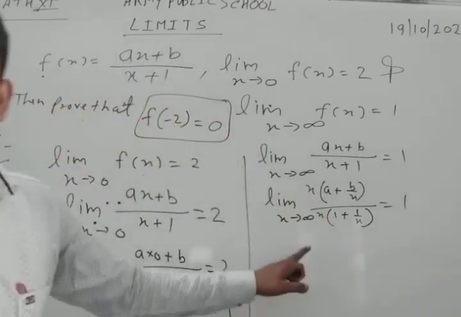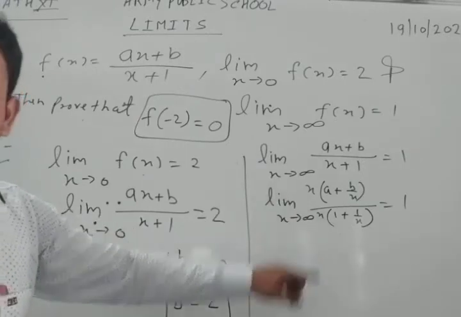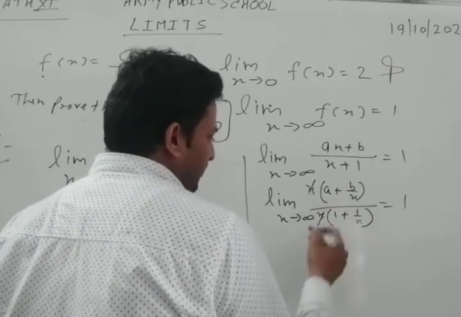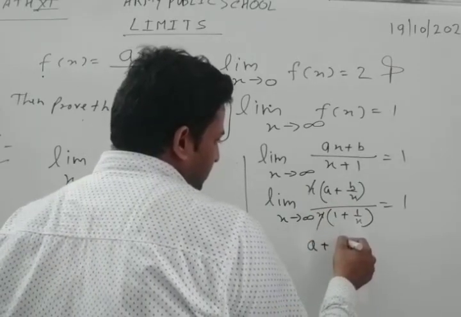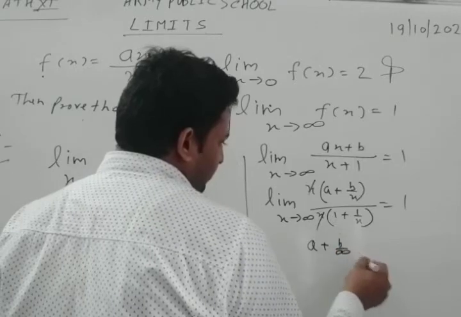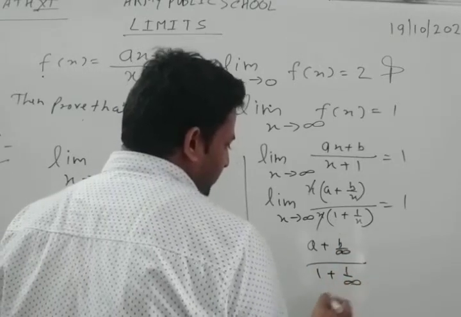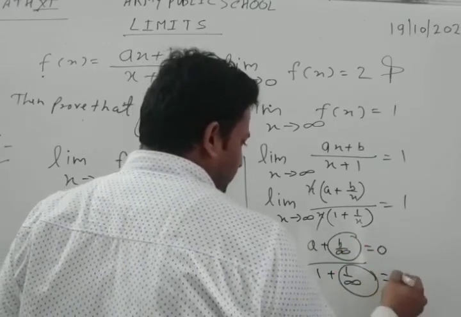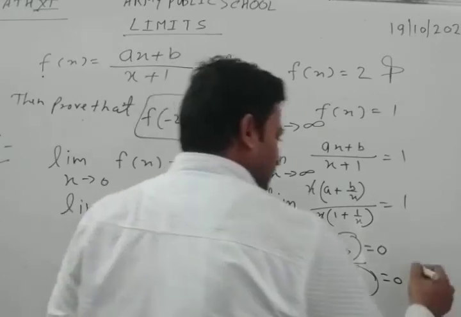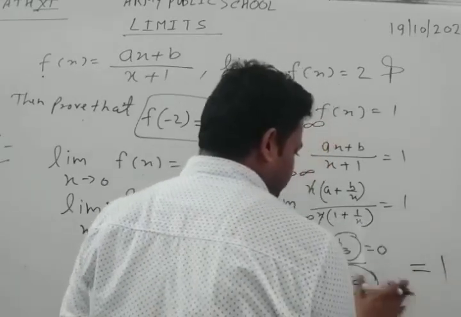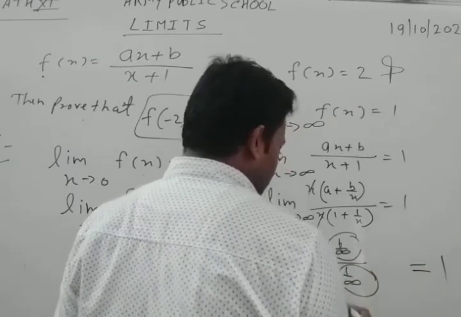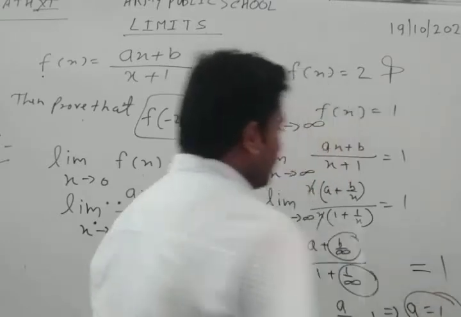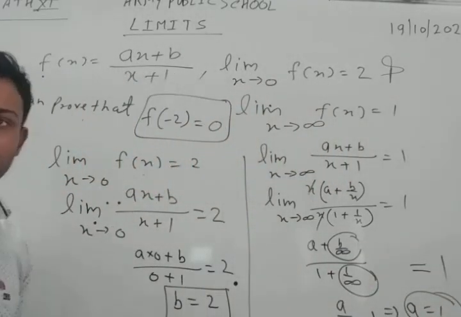We have taken x outside. Now x and x will be reduced, so put the value here: a plus b by infinity upon 1 plus 1 by infinity, so it will be 0, again 0. So this is equal to 1, and a by 1 is equal to 1, this implies a is 1. So our a is 1 and b is 2.